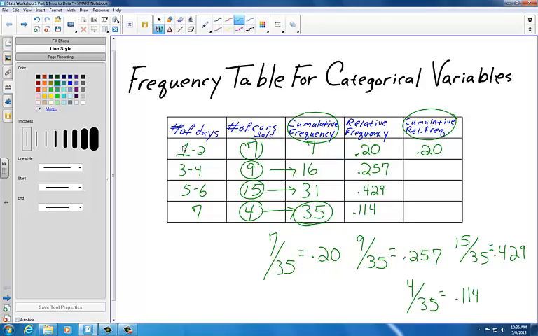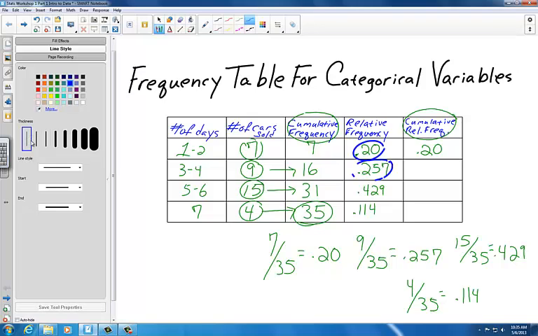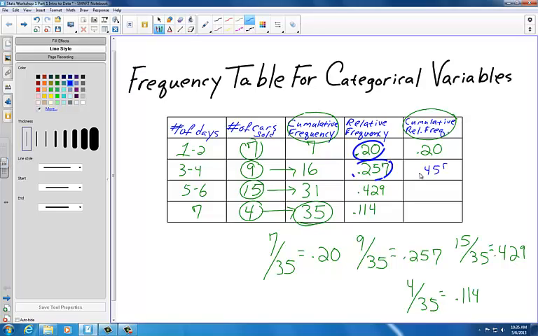Next, I'm going to add 20% and 25.7%, and that's going to give me 0.457. Then I'll add 20%, 25.7%, 42.9%. That gives me 0.886, or 88.6%.